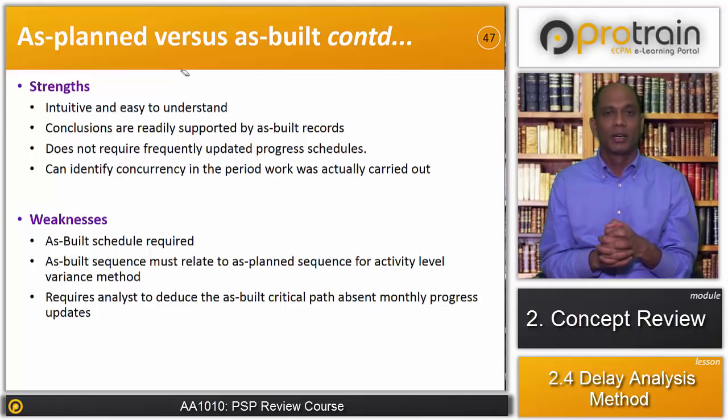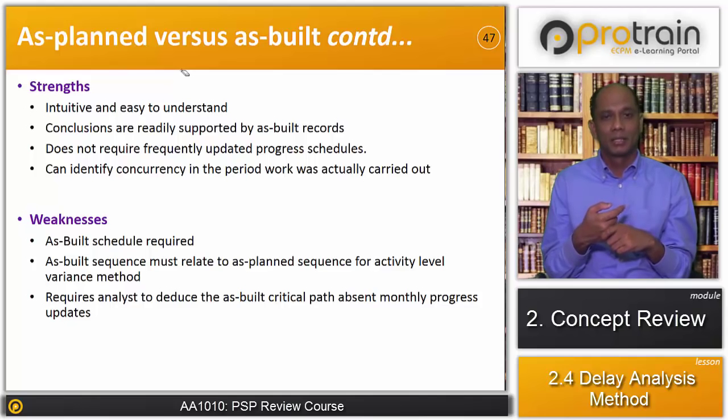What are the weaknesses? It requires an as-built schedule because it is a comparison between planned and as-built schedules. The as-built must relate to the as-planned sequence of activities in the activity level variance method. If there is a change to the schedule during the progress of the work, then this method cannot be applied, because you cannot compare apples to apples between the baseline schedule and the as-built schedule.